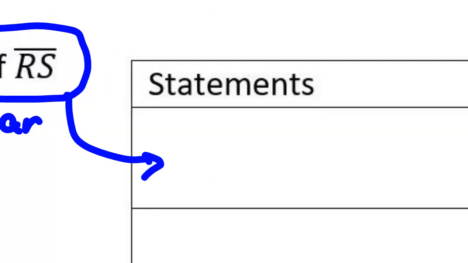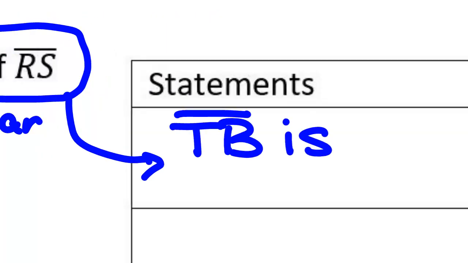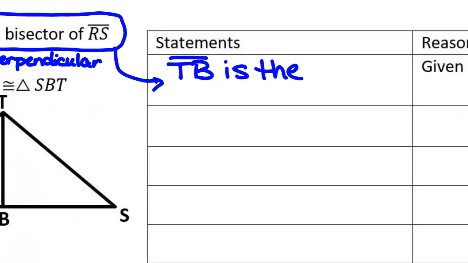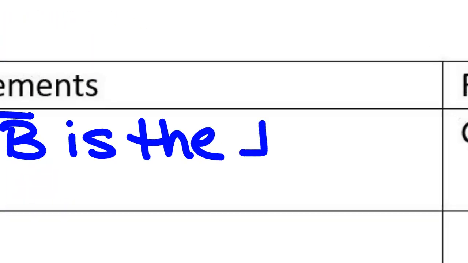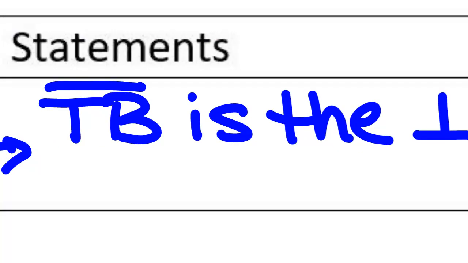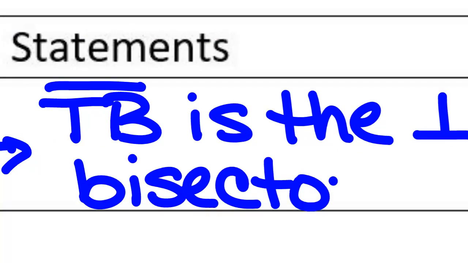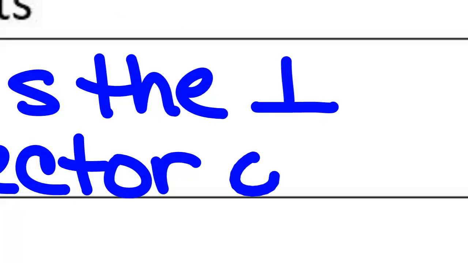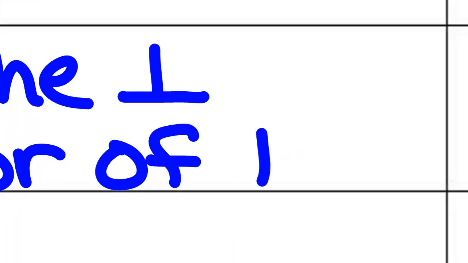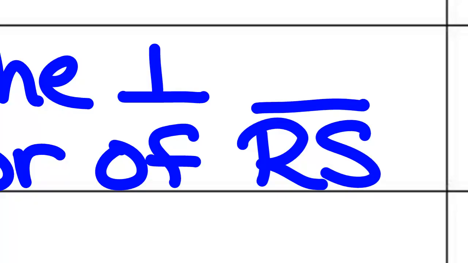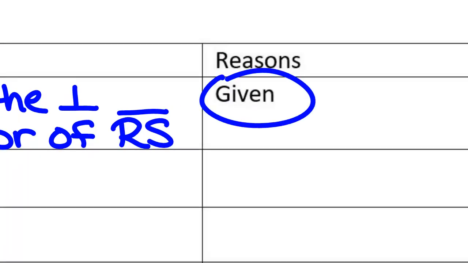Says that TB is the perpendicular bisector of segment RS. And the reason that we are allowed to make that statement is because it was given.